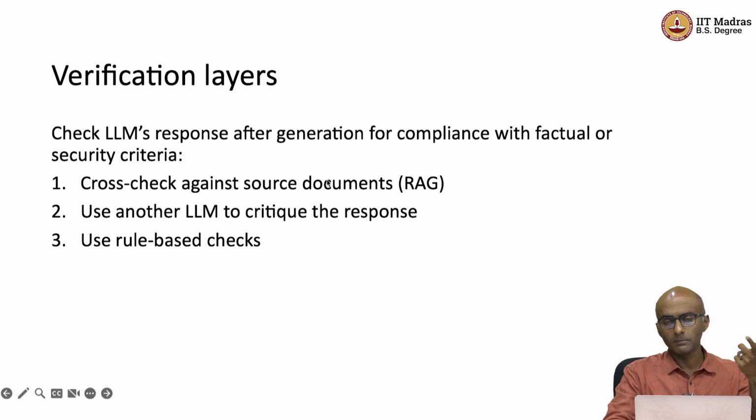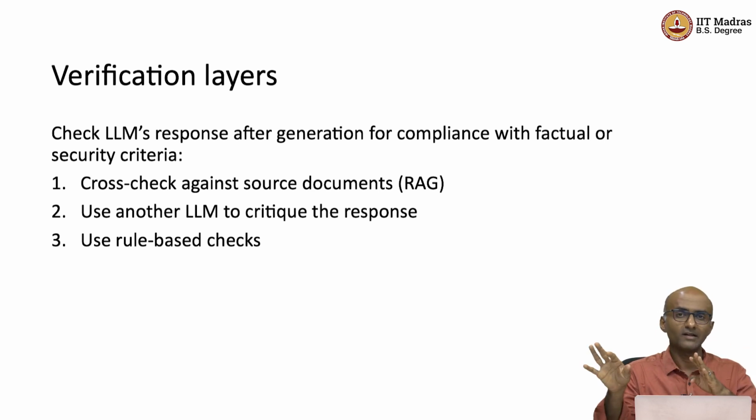So one such example would be a RAG lookup to ensure that the LLM response is factually correct. We spoke about this example before. Another one is to take the response and send it to a critique LLM, which means you have another LLM running, which critiques the response for factual inconsistencies or hallucinations, etc.